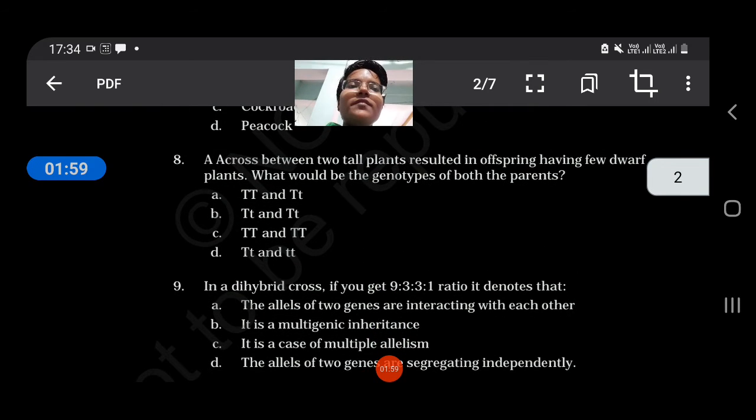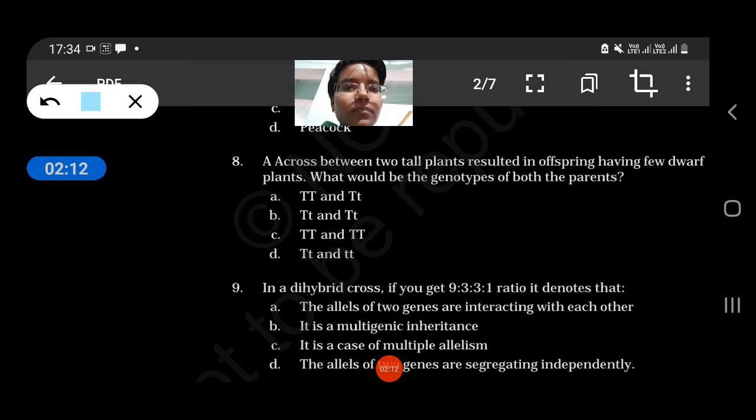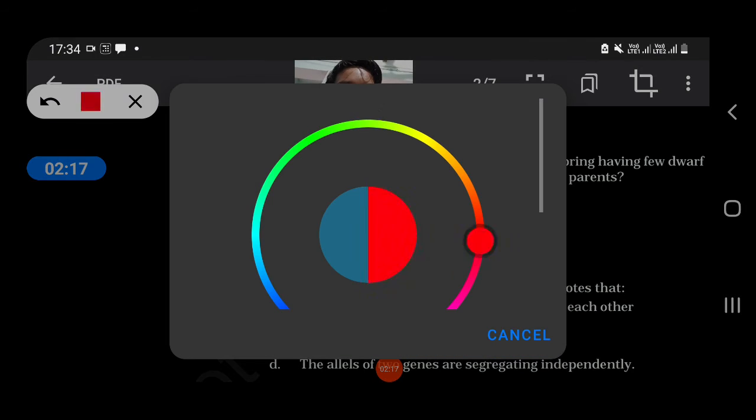A cross between two tall plants resulted in offsprings having few dwarf plants. What would be the genotypes of both the parents? So the answer is Tt and Tt. Let me show you.